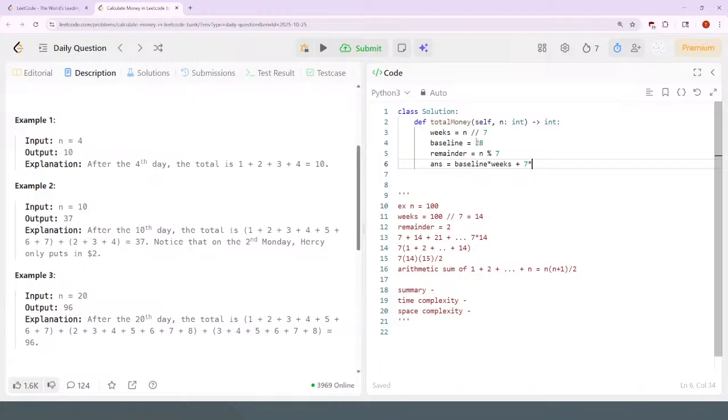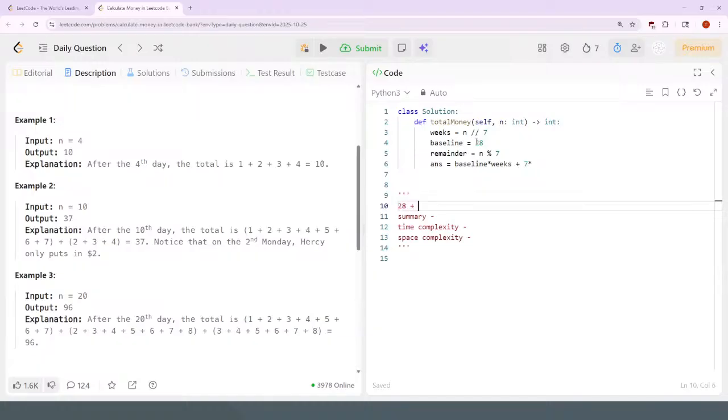Okay, so if we factor out the 7, this is like 28, and then next week is 28 plus 7, and next week is 28 plus 14. So there's going to be 28 times the number of weeks, plus like 0, plus 7, plus 14, plus dot dot dot. Factor out 7, and it's going to be like 0, plus 1, plus 2, plus 3, dot dot dot.